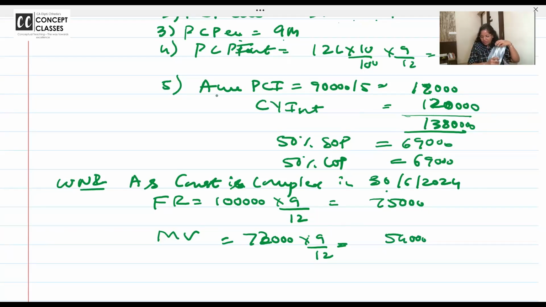Ask your doubts if you're not clear. Why did I do 9 by 12? Is it clear to all of you? In 9 months, for 6 months the property is let out.